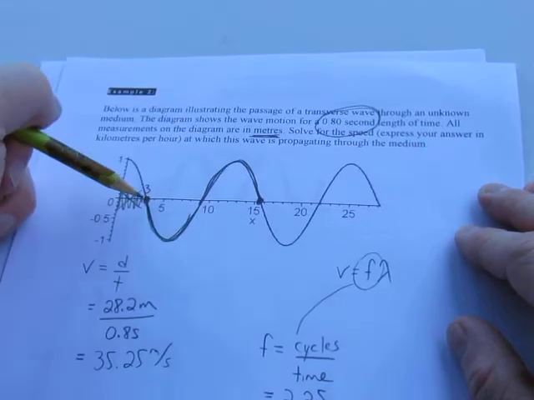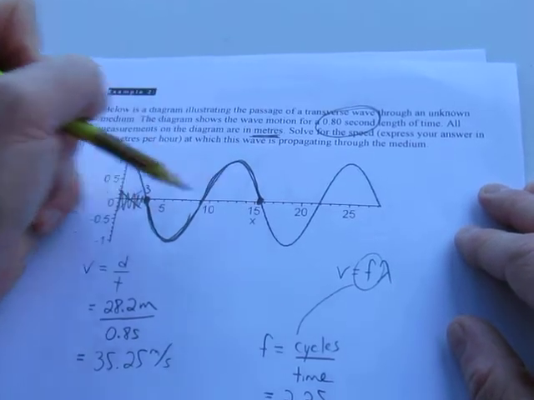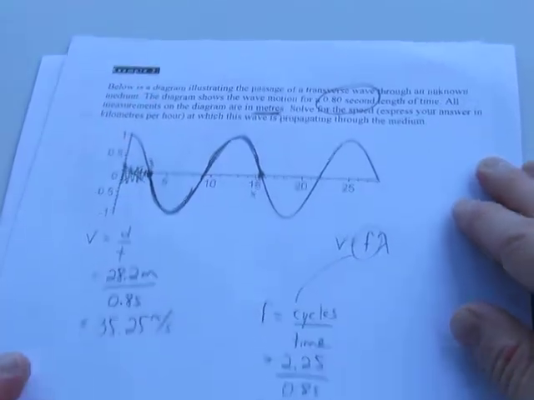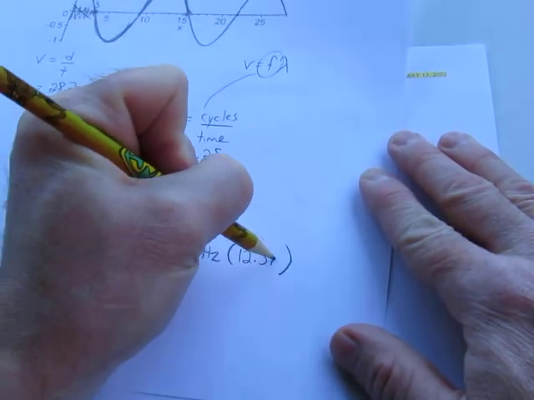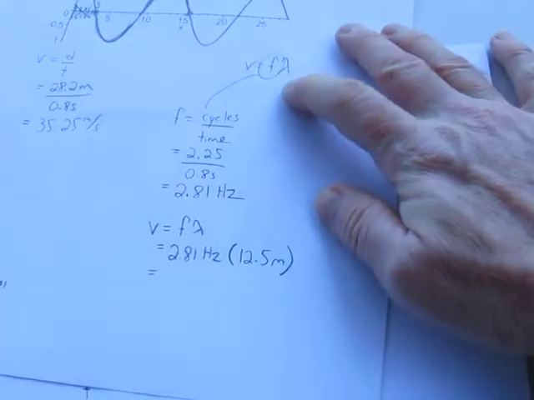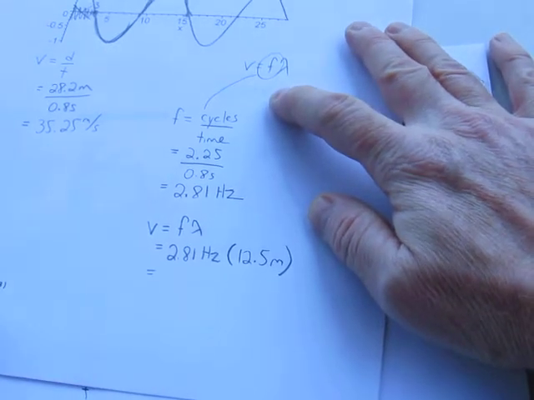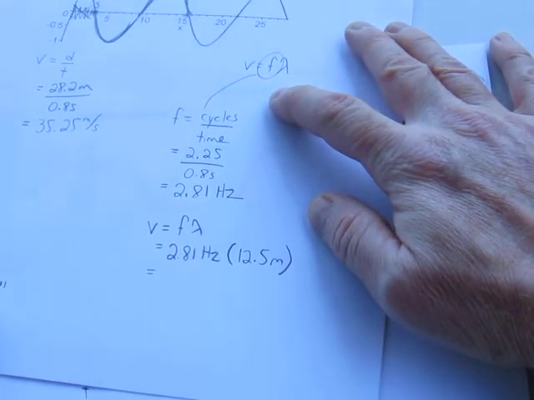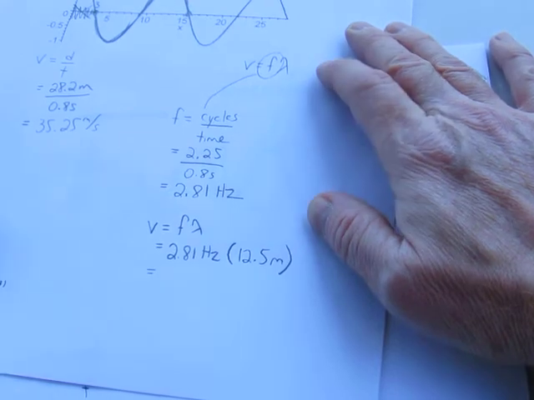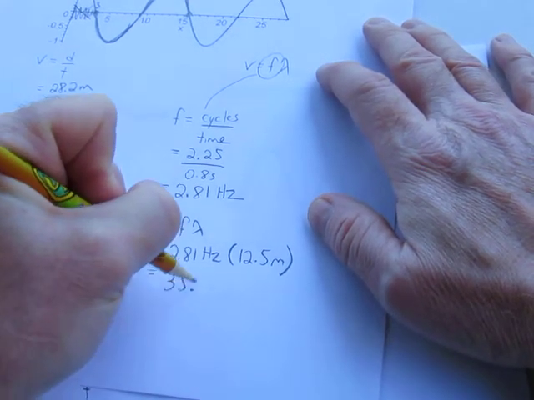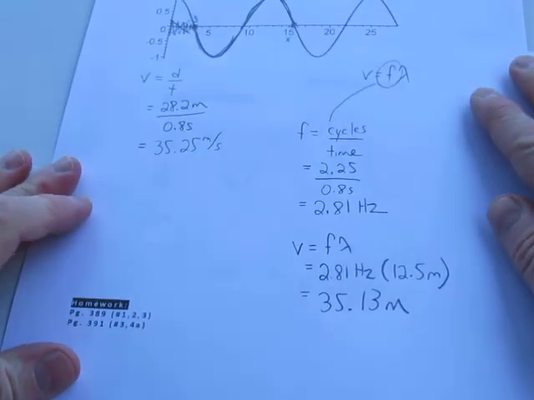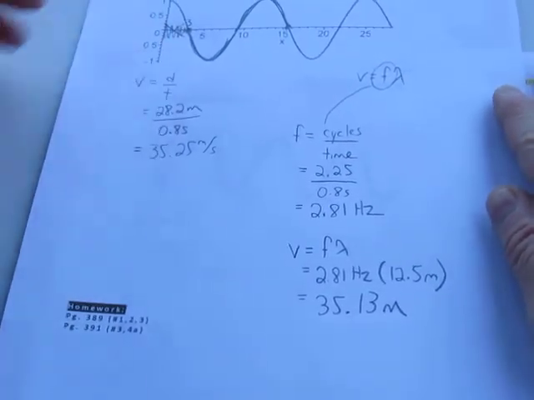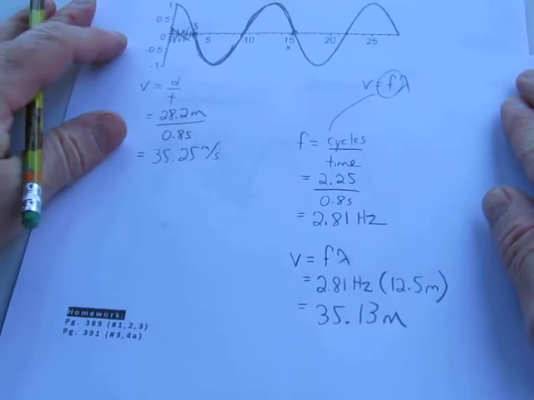One complete wavelength measured across the axis is about 12.5, so a wavelength of 12.5 meters. Multiply these two numbers. The answer won't be exactly the same because of decimals and estimation on the graph, but you get 35.13 meters per second, which would have been the same answer if the numbers were absolutely exact.